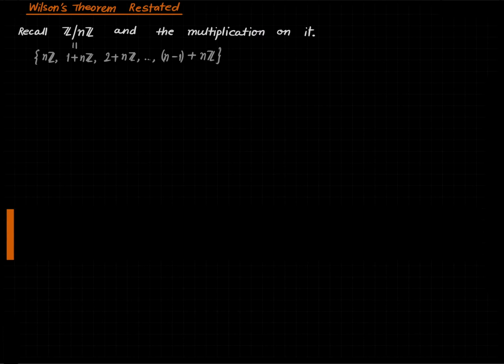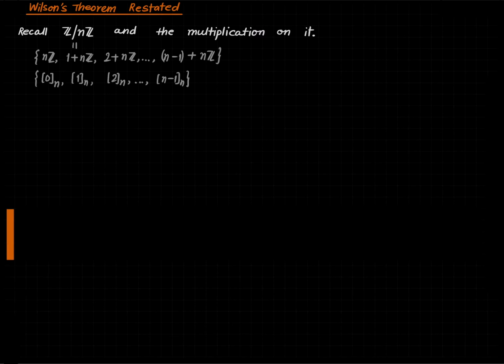That's what Z mod nZ is. We also write this as the remainder class of 0 modulo n, the remainder class of 1 modulo n, and so on. So that's Z mod nZ, and there is an addition and a multiplication defined on it.